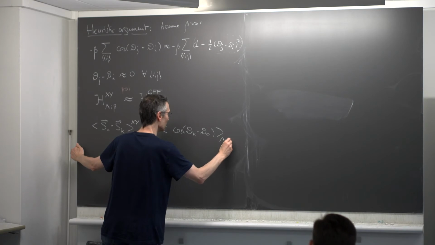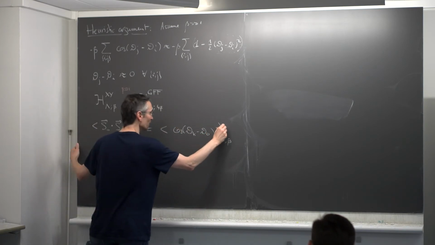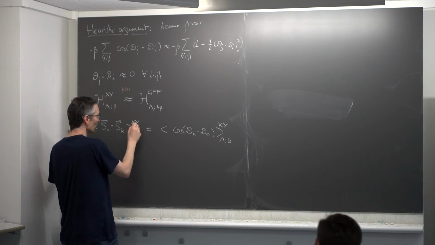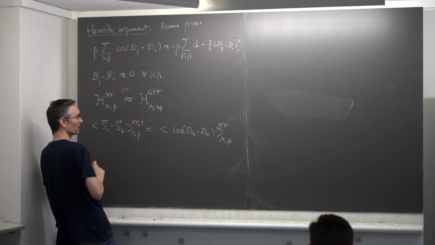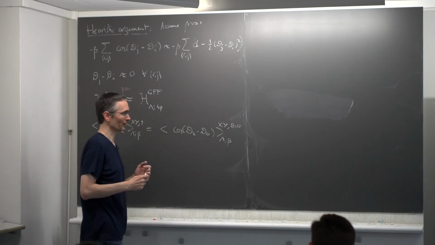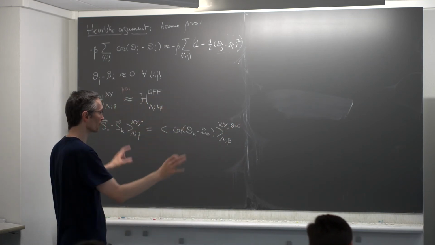Since I'm in finite volume, I have to say what the boundary condition is. So let's take everybody pointing upward, which means that I have theta equals 0 as boundary condition. All the angles outside the box are fixed to 0.